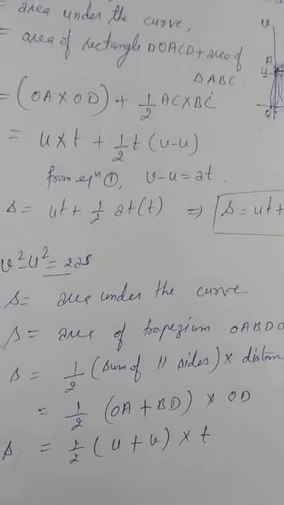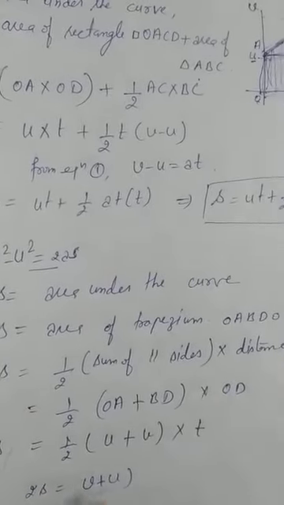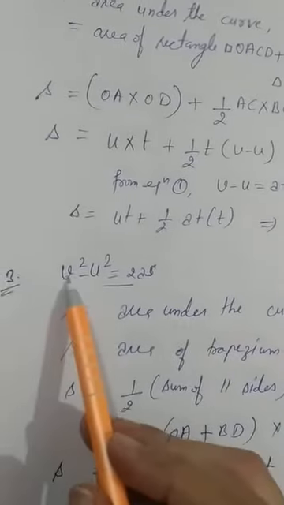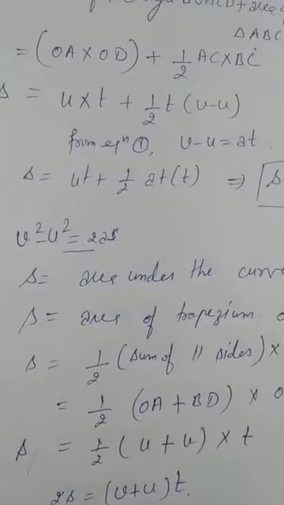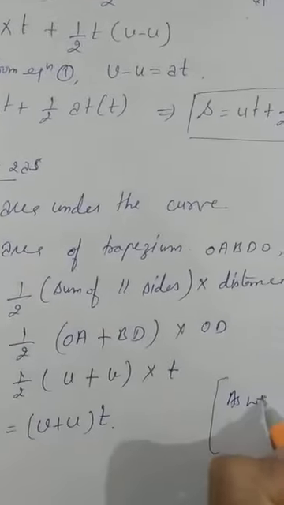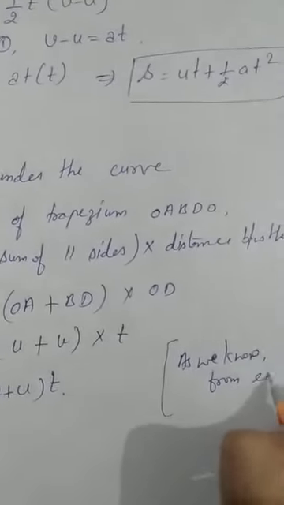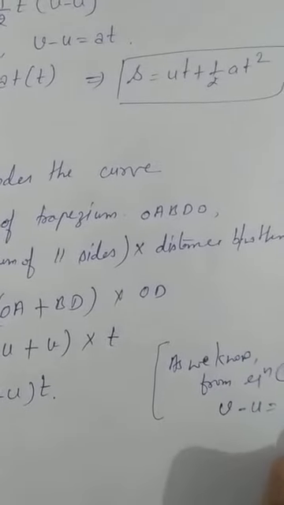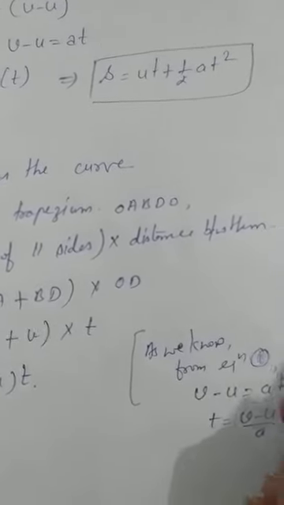Now we take the 2 to this side: 2S equals v plus u into t. Now look, which term do we need? We need v square minus u square equals 2as, but here is t. That's why we have to remove this. As we know from the first equation, v minus u equals at, so t is v minus u by a.